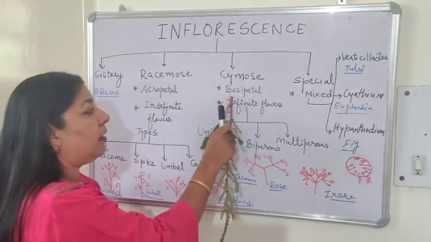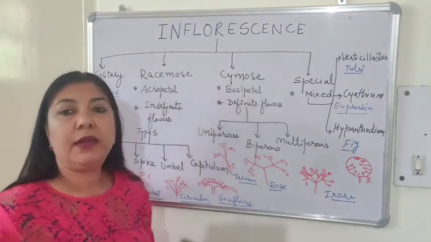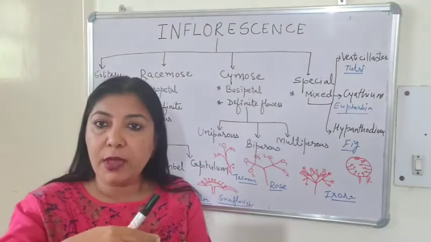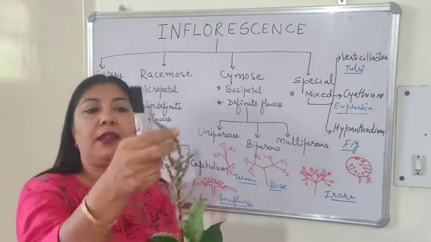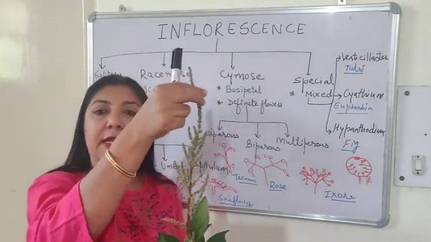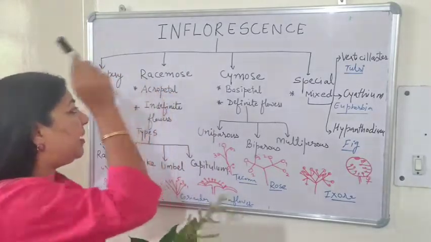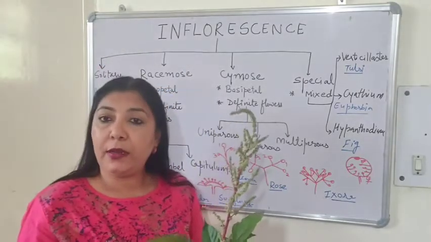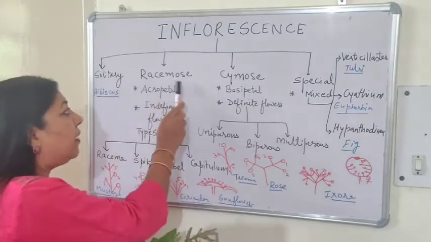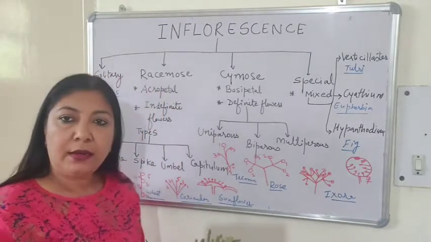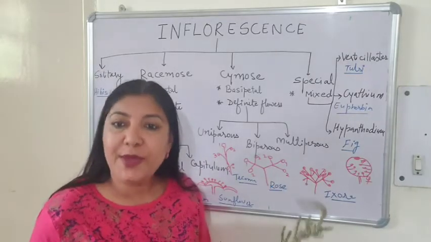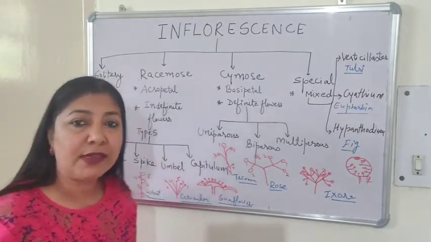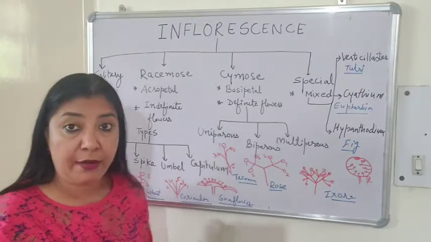So when the oldest flower is at the center of the peduncle, that is called cymose. When the youngest flower is at the center of the peduncle, that is called acropetal arrangement. So in racemose, it is acropetal arrangement of flowers, whereas in cymose, it is basipetal arrangement of flowers. This is one main difference.